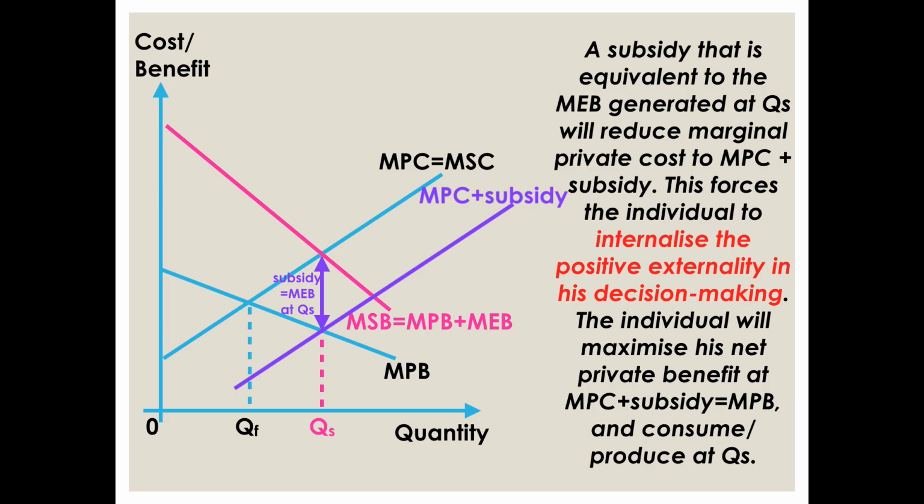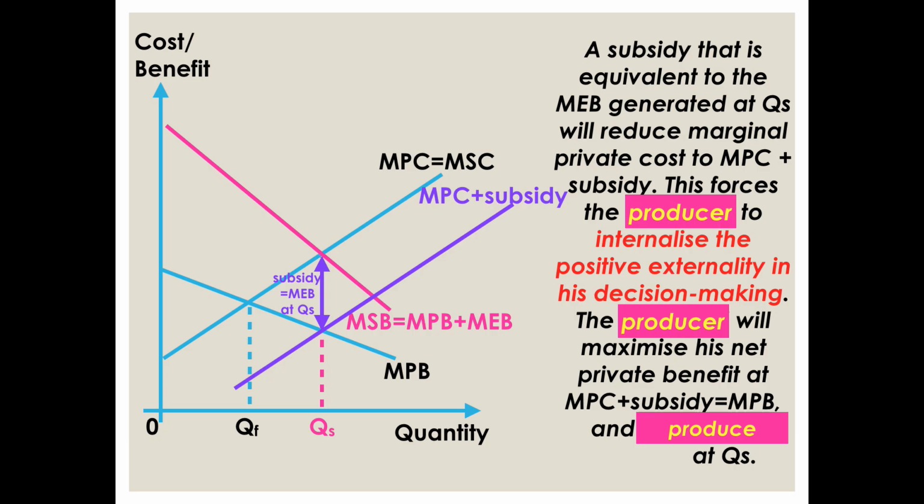In this case, the explanation on the screen will need to be from the consumer's point of view. But if the positive externalities are generated from the production of a particular good, for example, the production of R&D, research and development, the production of R&D sometimes will benefit other firms who have not paid for the R&D. So in this case, the explanation will need to be from the producer's point of view as such.